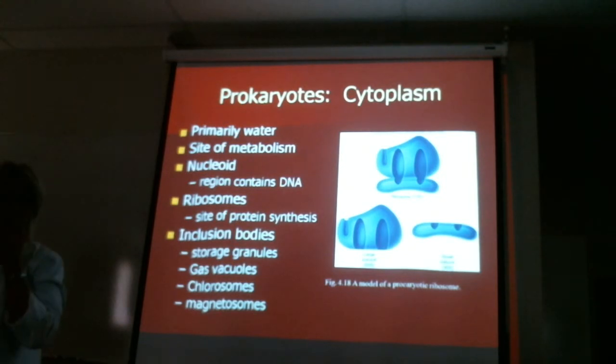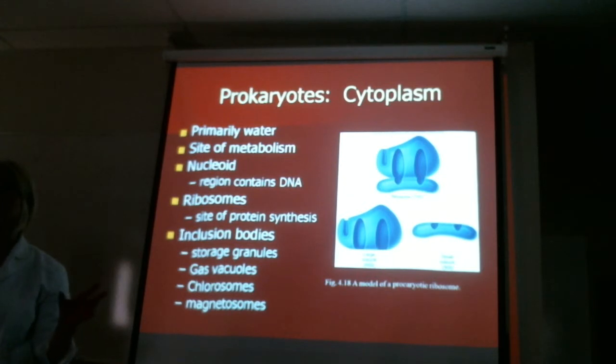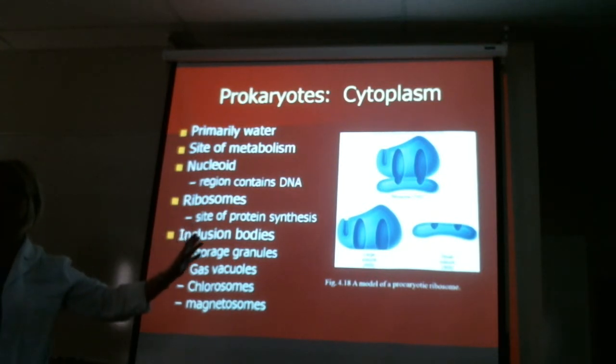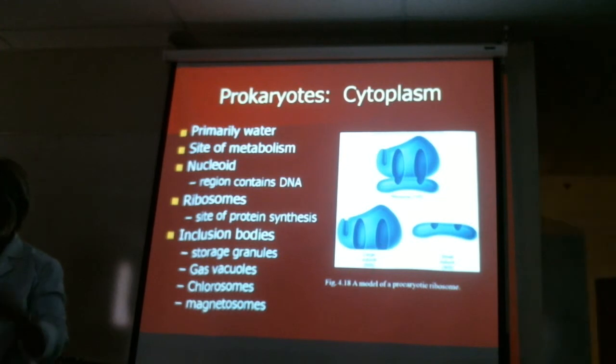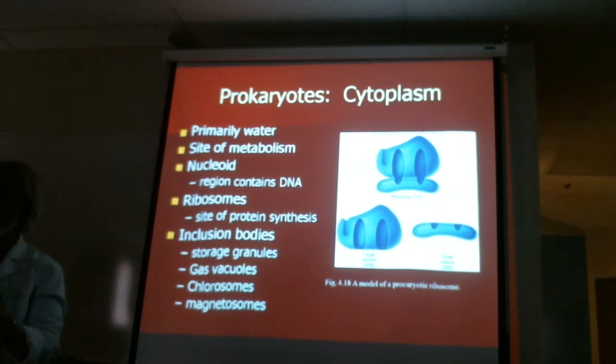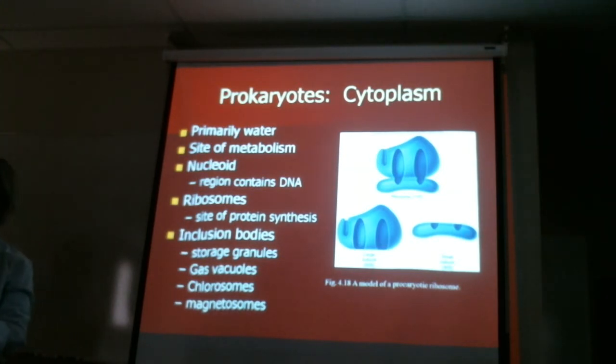Some of those antibiotics target protein synthesis due to the fact that the ribosome size is different. So you can interfere with a prokaryotic cell without doing anything to eukaryotic protein production. So tetracycline, it's a good one. Chloramphenicol, there's quite a few in that category that target protein synthesis.